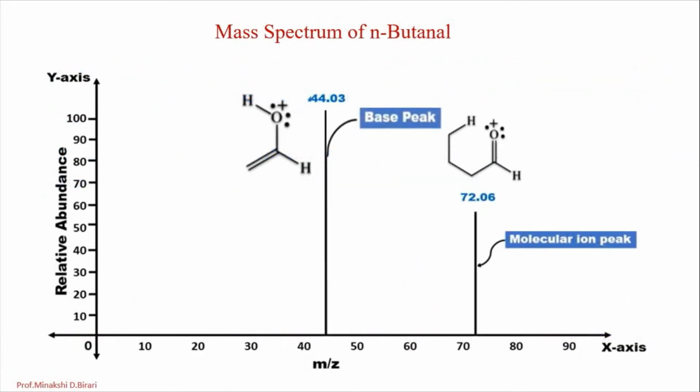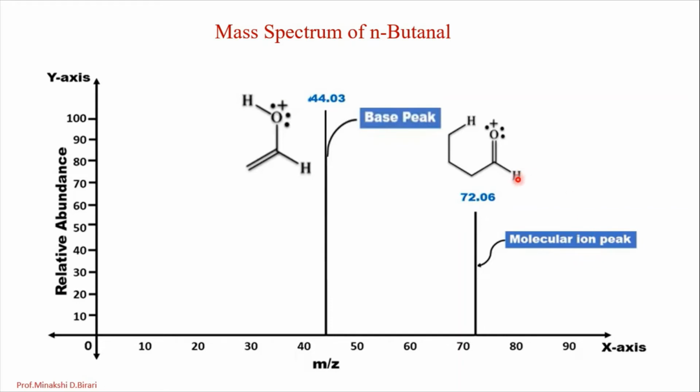Now this is the mass spectrum of n-butanal. If we consider the mass spectrum, we know that on the x-axis there is the mass to charge ratio, and on the y-axis the relative abundance. As we know, the base peak is arbitrarily given the relative abundance 100. So the largest and tallest peak is known as the base peak. Here we can see the molecular ion peak.